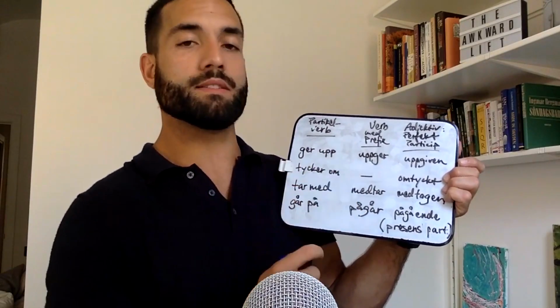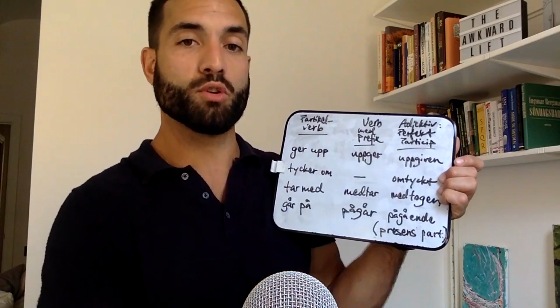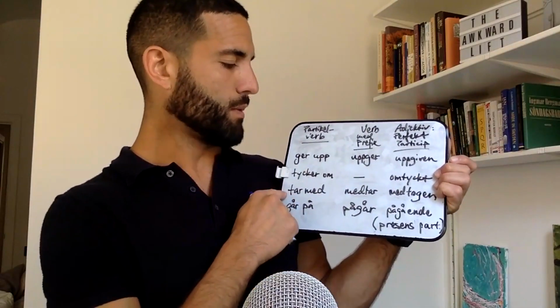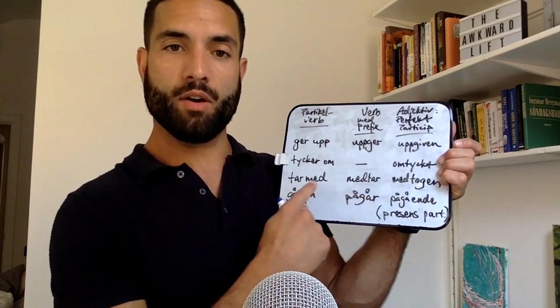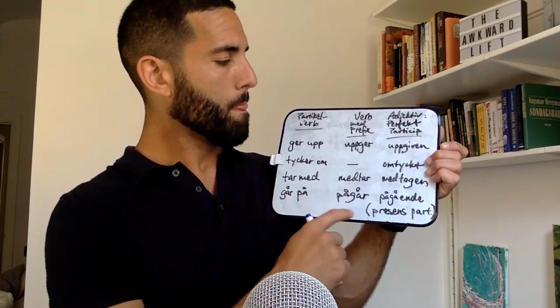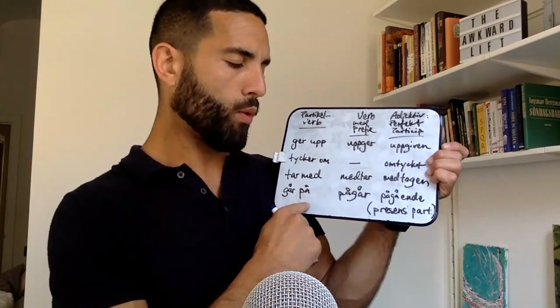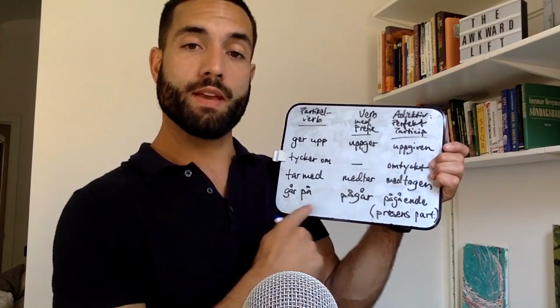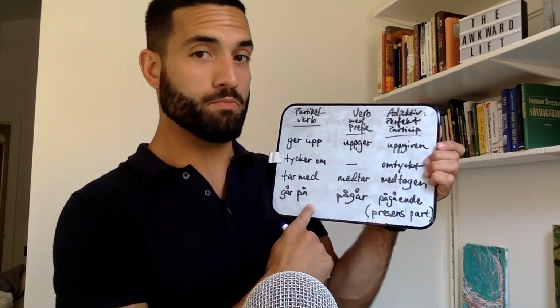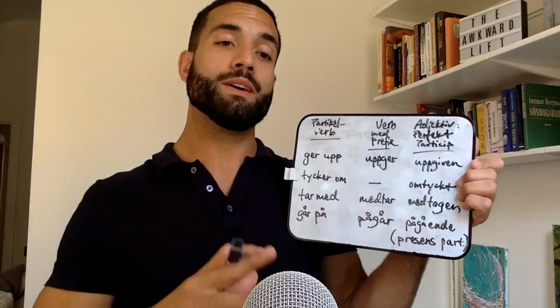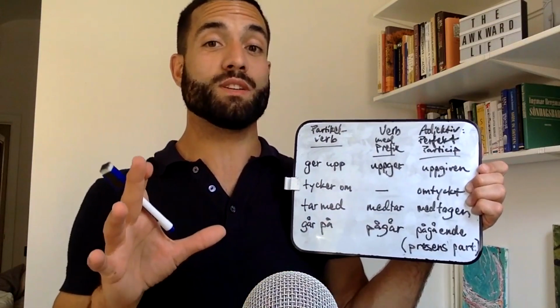Tycker om does not have, you cannot say omtycker, doesn't exist. Ta med, medtar, they have the same meaning. Går på and pågår, they have different meanings. They don't mean the same thing. I want to show you that this happens in Swedish a lot.